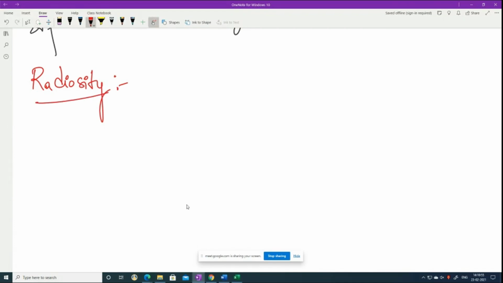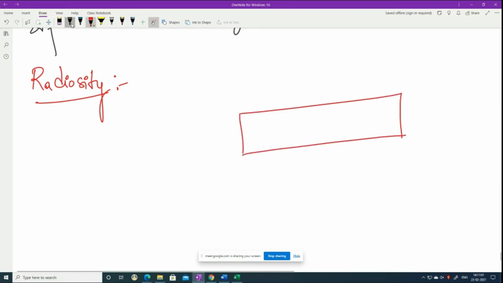See, radiosity means if you have a body and on this body you have some incident radiation coming. This is the incident radiation that is hitting it, and a part of it will get reflected. And apart from this reflection, you will also have something called emission.